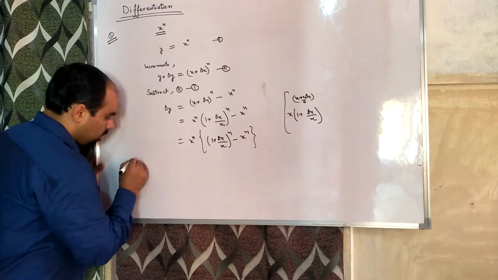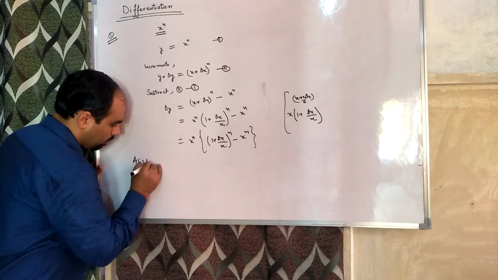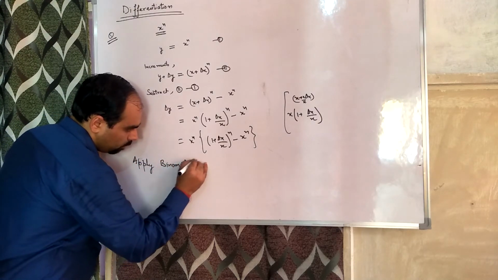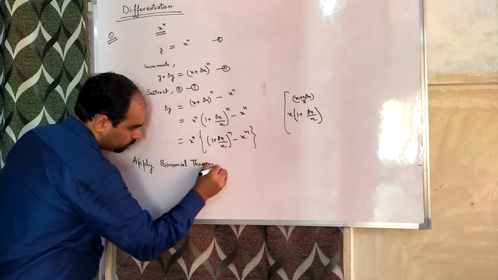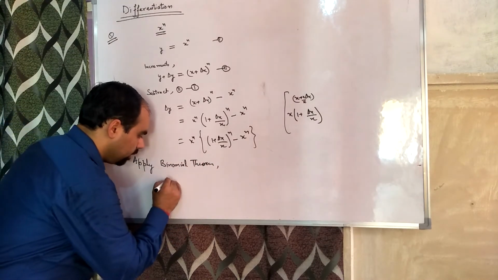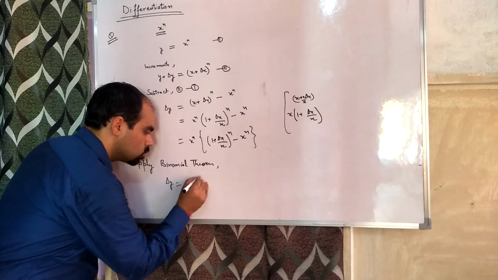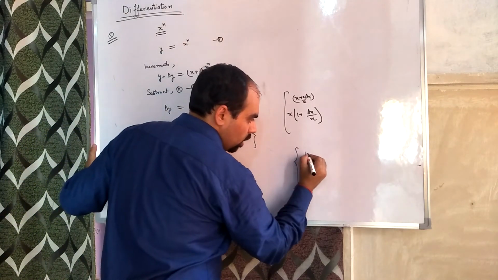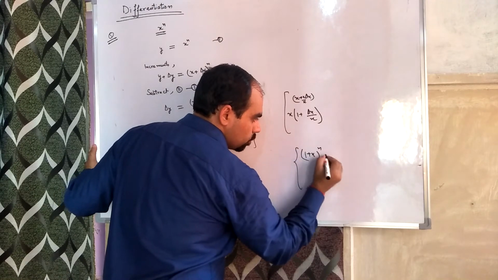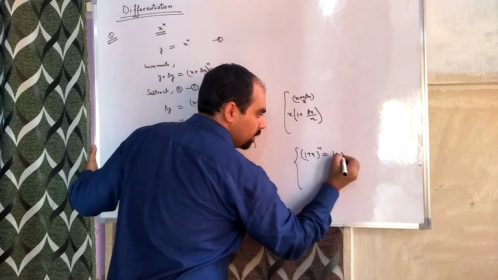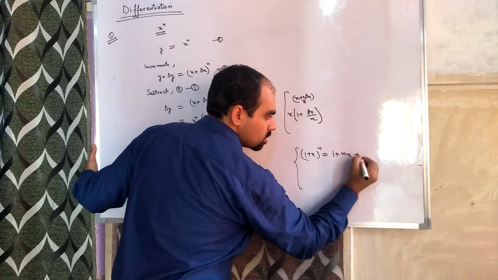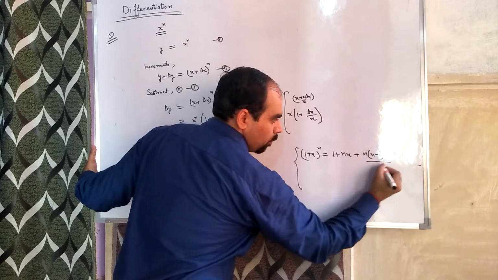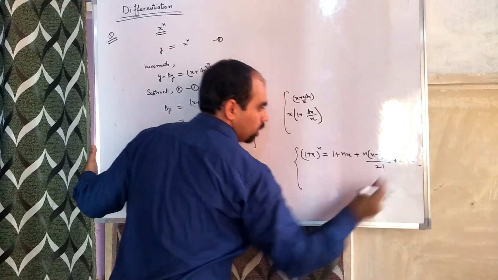Now next step, apply binomial theorem. Delta y is equal to x raised to power n, the first term is becoming 1. What is binomial? 1 plus x raised to power n is equal to 1 plus nx plus n into n minus 1 x square upon 2 factorial plus so on.